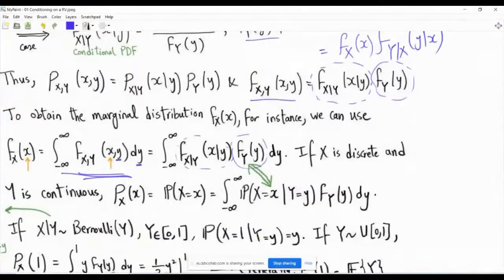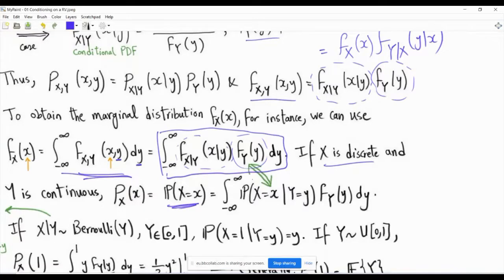And you can write down things like this even if you have a mixed situation, like if X is discrete and Y is continuous. Suppose that you are interested in the PMF of X. So what is the probability that big X is equal to small x? Now we can mimic this expression here. This is the probability that big X is equal to small x given that big Y is equal to small y.